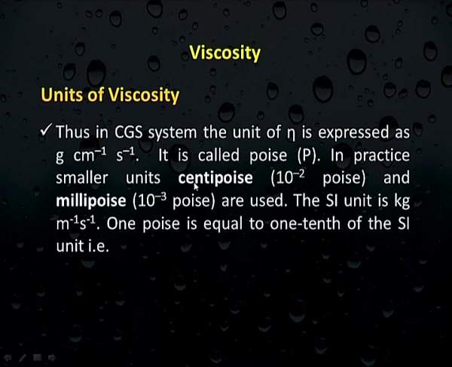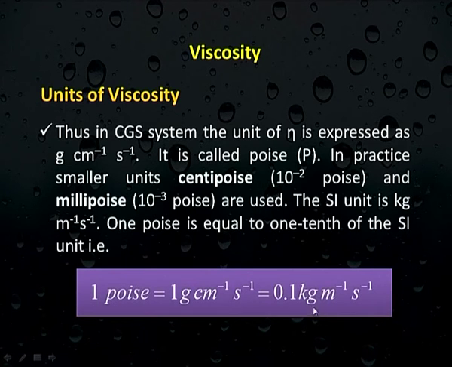As is clear, centipoise means 10 to the power minus 2 poise and millipoise means 10 to the power minus 3 poise. The SI unit of viscosity is kilogram per meter per second. 1 poise is equal to 1/10 of the SI unit, that is 0.1, as given here.